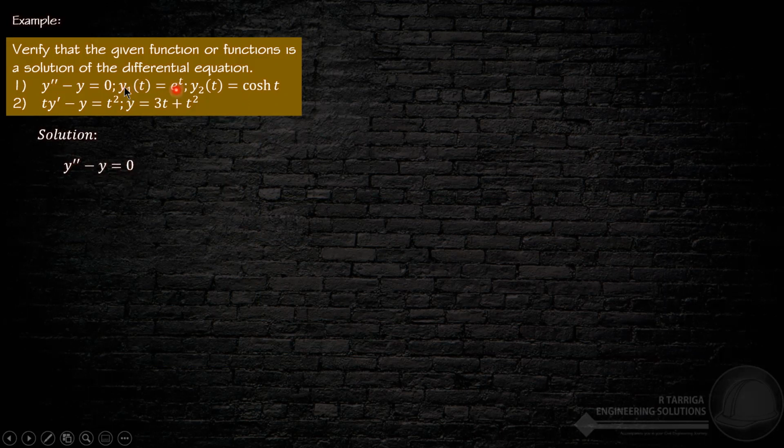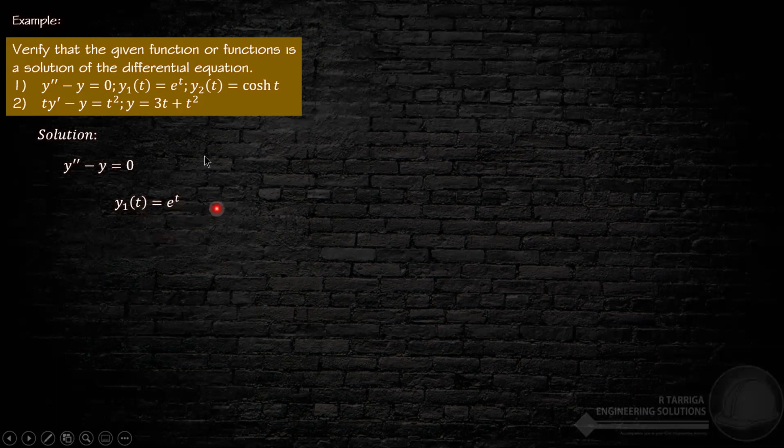Let's have this first. y1 in terms of t is equal to e raised to t. I just wrote y1 because there is also a y2. There are two of them. Okay? So let's see. y in terms of t is equal to e raised to t. If you are to differentiate that, what is the derivative of an exponent?